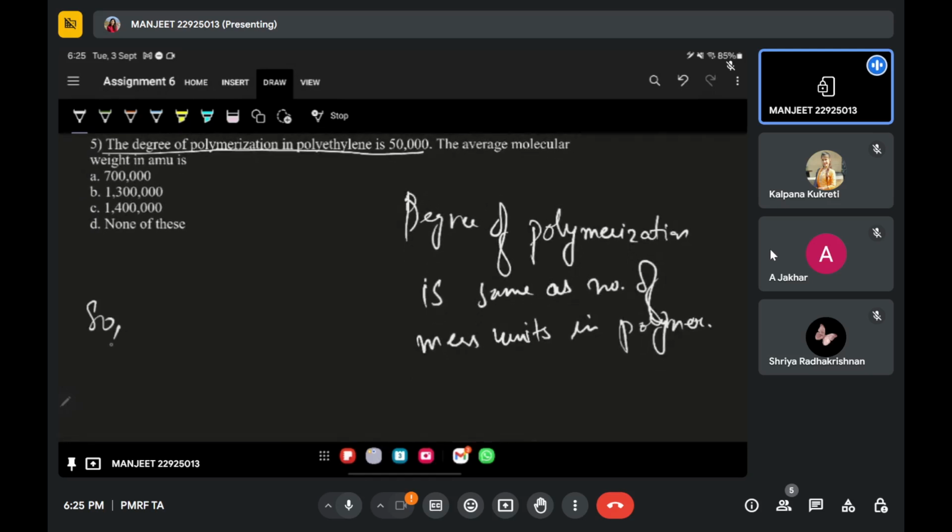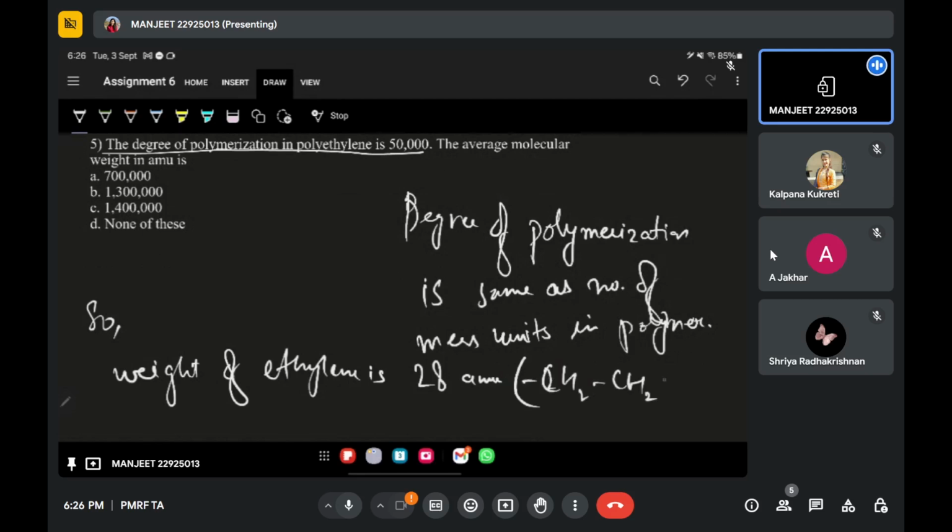So we know that the atomic weight of ethylene is 28 AMU, as we calculated earlier. That is CH2-CH2. So this will give you 2 into 12 is 24, plus 4 into 1. So this is giving you 28 AMU.